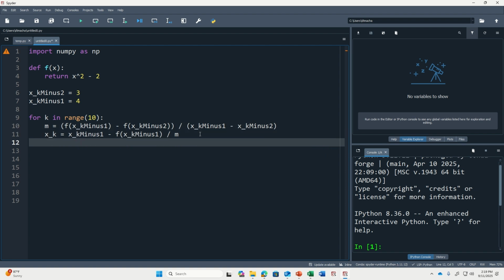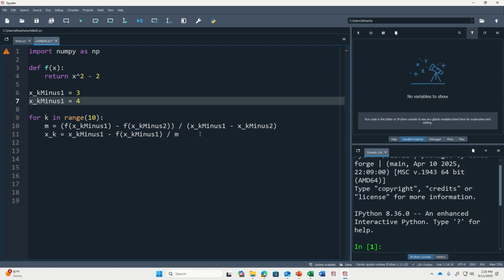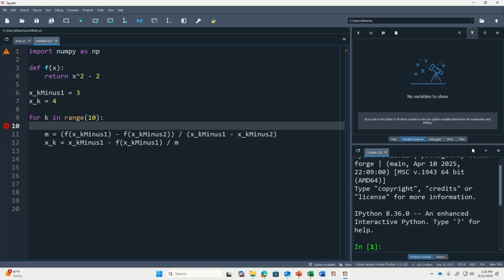And after I get my brand new iterate, what do I do? Let me change this up a little bit, because maybe what I want the first thing my loop to do is this.